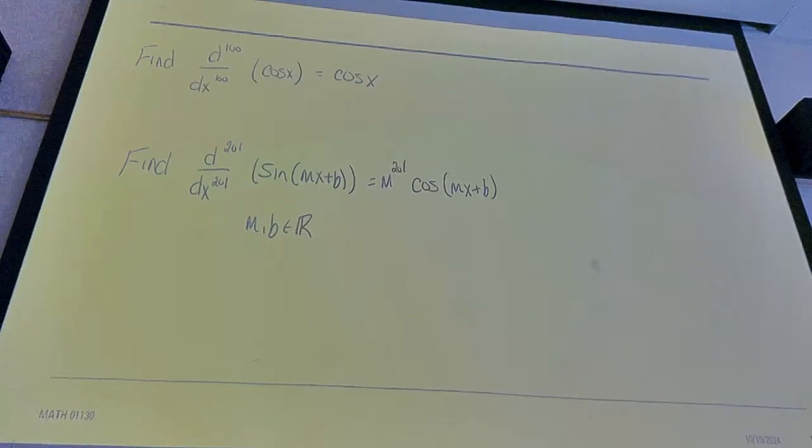Okay. Good on the trig functions? Excellent. Moving on.